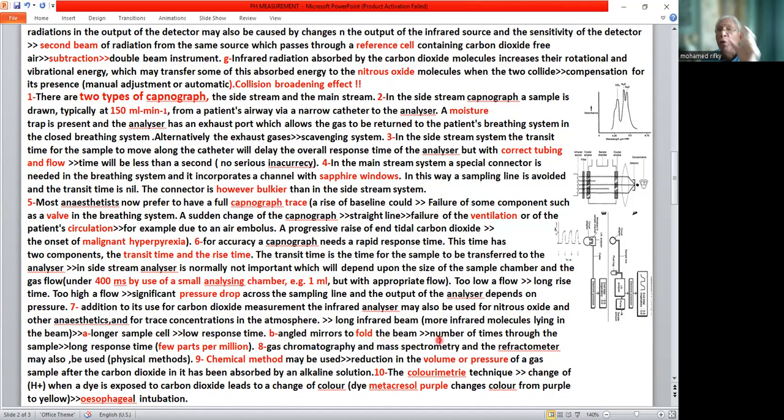You see, you fold them, so you use angles to fold the beam, so that you can create a very long line of infrared to measure minimum amounts of gases present in the atmosphere in the form of 3 parts per million.